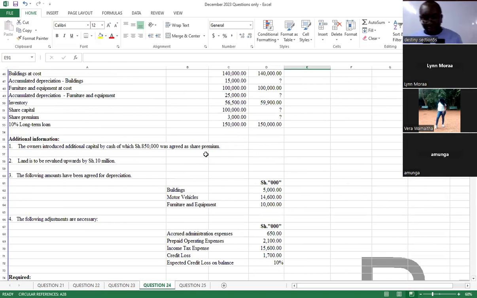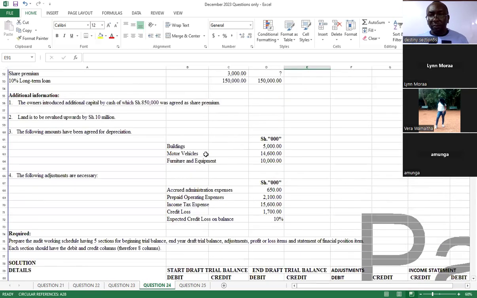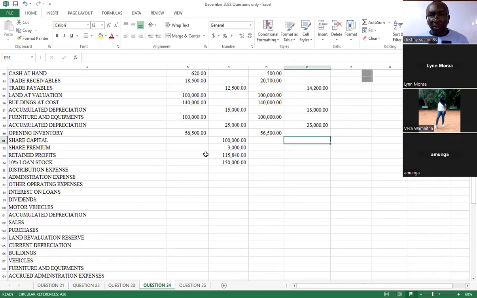So that is going to affect our share capital here, so that now we close with 105. So we can either put it as a working somewhere, or we can just enter straight. 105, yeah, that way.